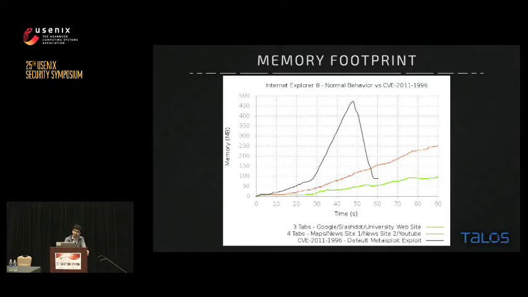Here we have the memory behavior. Then we have in gray the spraying attacks with a default exploit taken from the default configuration of Metasploit. And we can clearly see that the behavior is completely different, and we have a large amount of memory allocated in a small amount of time.